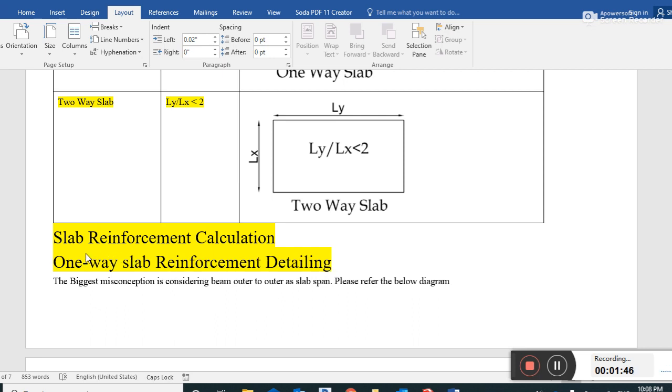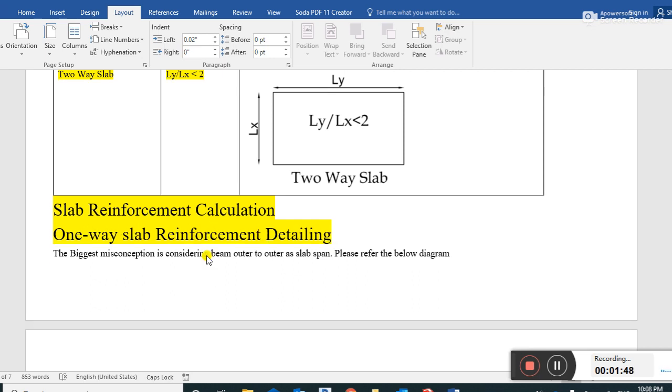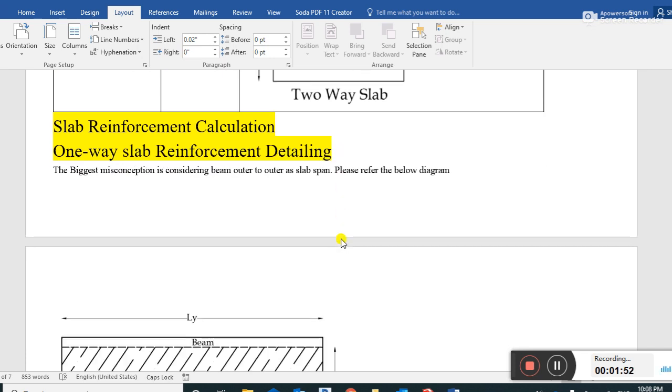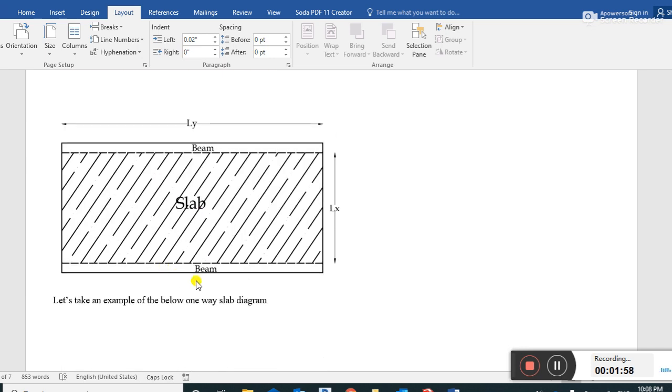Guys, slab reinforcement calculation, one-way slab reinforcement detailing. Guys, this is our one-way slab diagram. This is the long length we call ly, and this is the shorter length, lx.